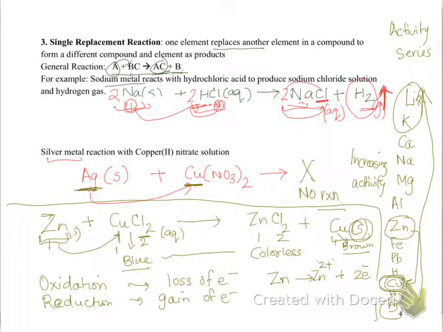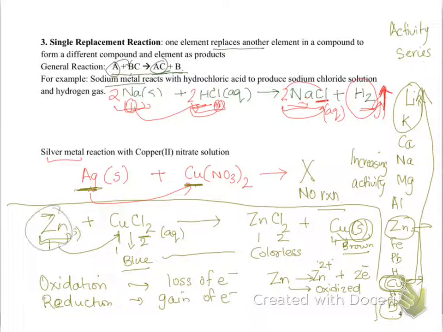That means we're going to say that the zinc is getting oxidized. Non-metals gain electrons and get reduced.